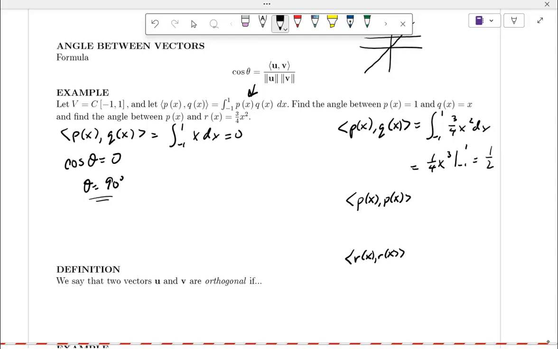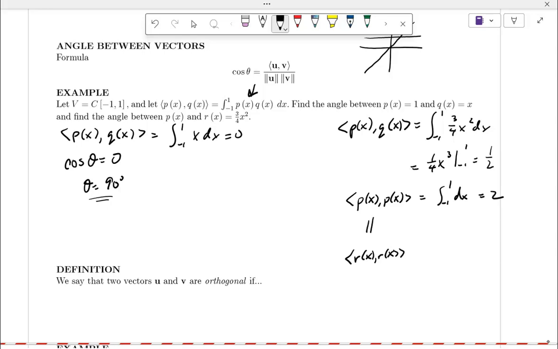To do the magnitudes, again, we'll do the inner product of the vector with itself, and then we'll take the square root at the end. What function are we going to integrate if we're going to do the inner product of p of x with itself? 1. That was pretty easy. We get 2, don't we?